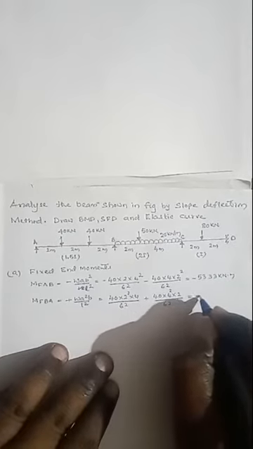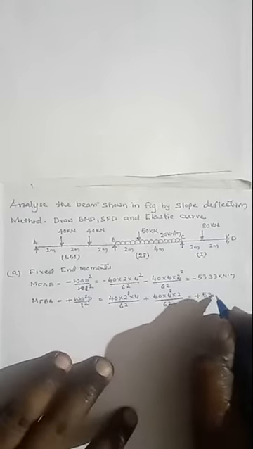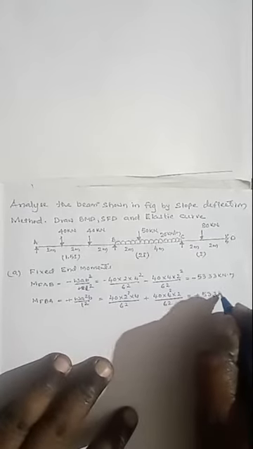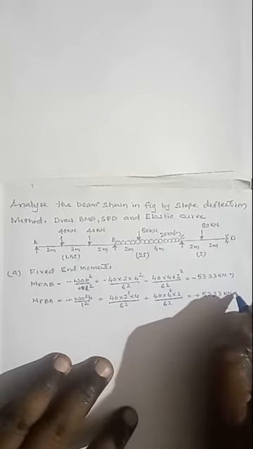That one is again the same thing with positive sign, that is MFAB is anti-clockwise, MFBA is clockwise.